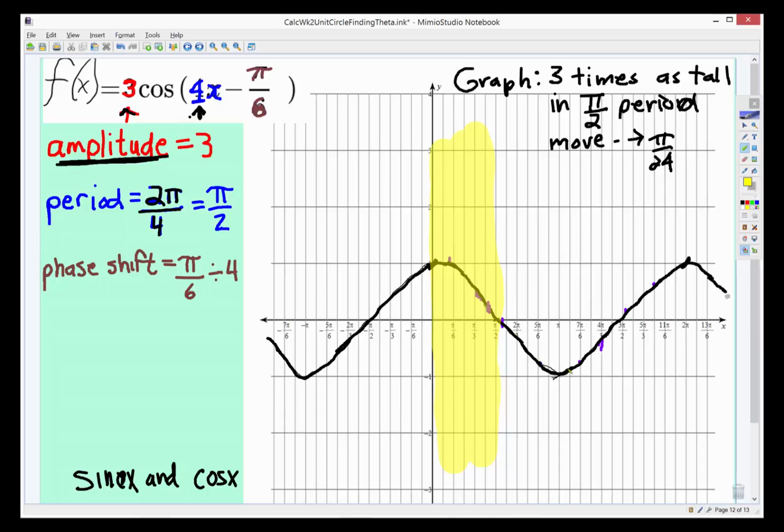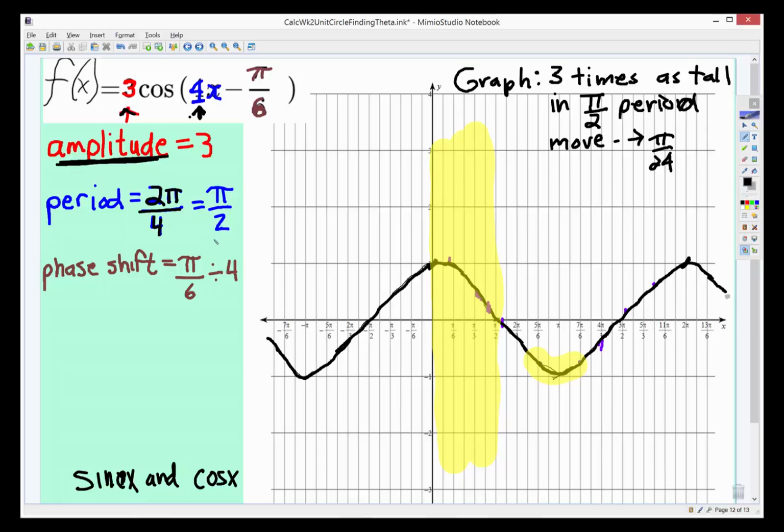So there will be one of these right here, but in this distance, this whole thing will be kind of crammed into this amount of space.